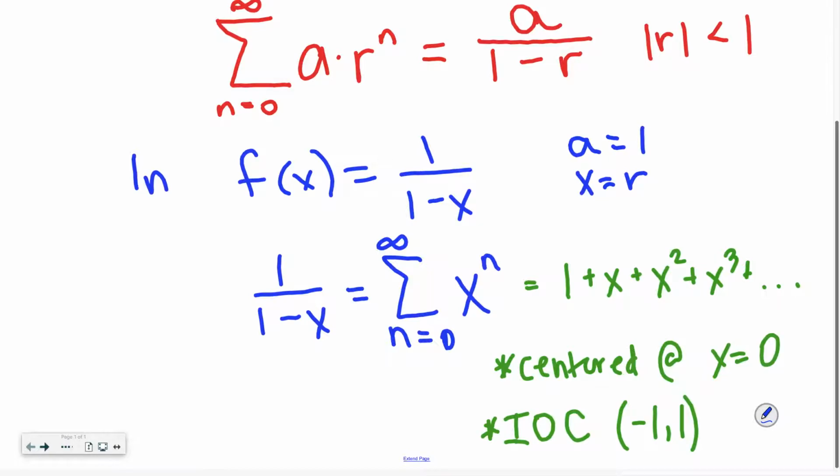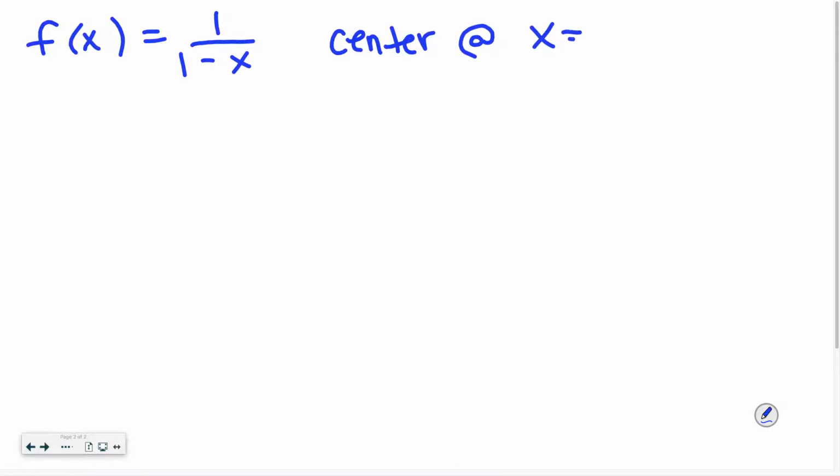So, let's look at the same series, but I want you to center it at x equals negative 3.